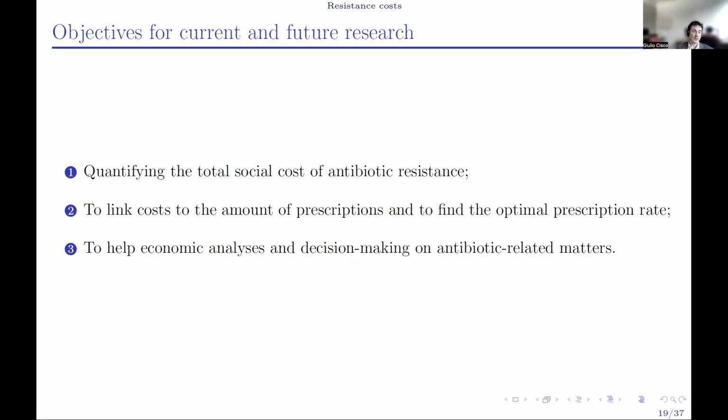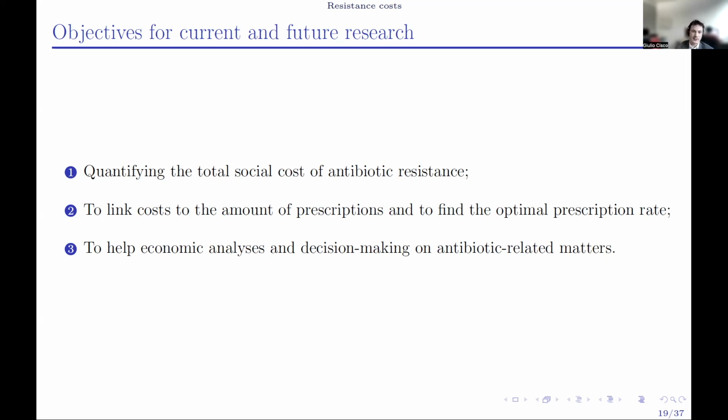And what we can do in health economics research now is to try to estimate precisely the cost of antibiotic resistance. To do that, it's connected to the fact that we want to find the optimal prescription rate of antibiotics.